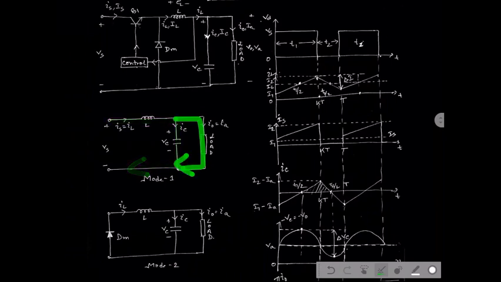As the inductor is there, the current will gradually increase from its low value to high value as the inductor stores energy. Suppose this is defined by the voltage across the circuit, and this is the inductor current. This is the source current IS, this is the capacitor current IC, and this is vC, the capacitor voltage, and the last one is the output current.